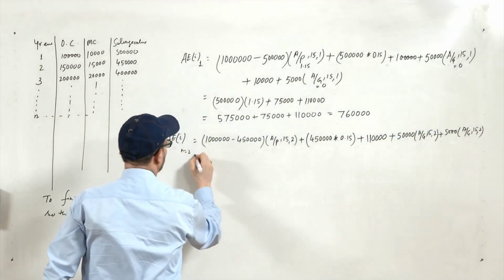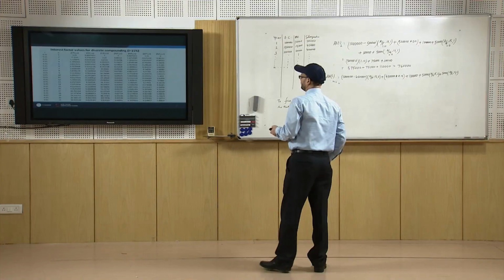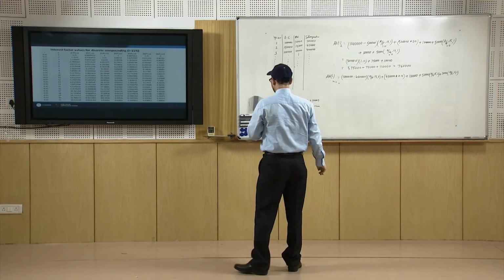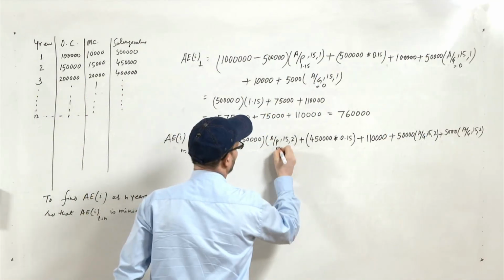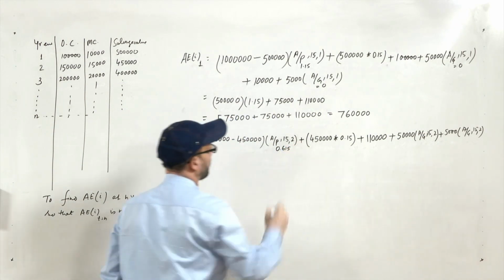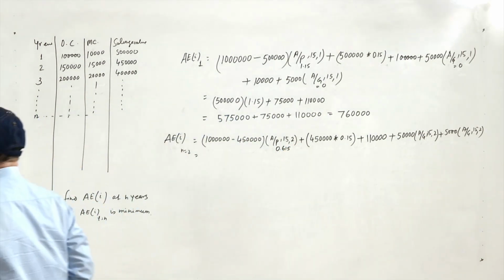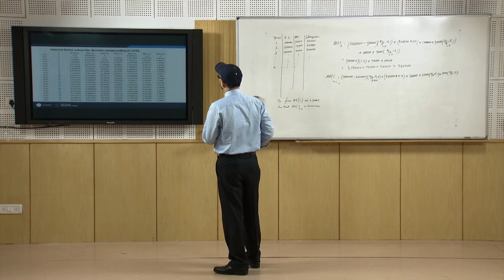If we take the value of the factor A by P 15.2, that becomes 0.615 and A by G 15.2 is coming as 0.465.